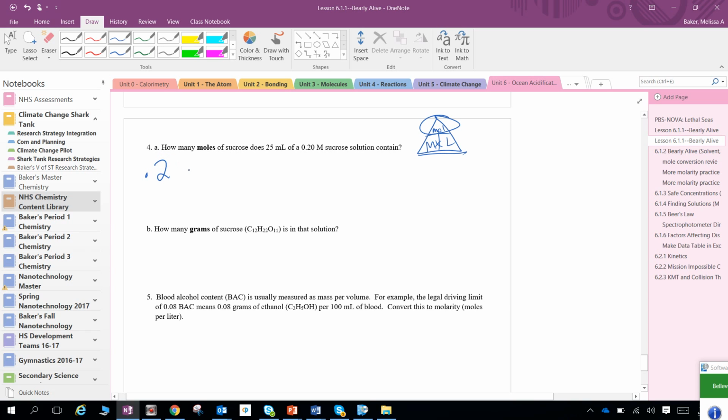So this makes sense because the capital M stands for moles per liter. So if I've got a 0.2 moles per liter solution and I've got 0.025 liters of it, I had to divide by 1,000 to get milliliters into liters here. Then when I multiply, I get 0.005 moles of sucrose.